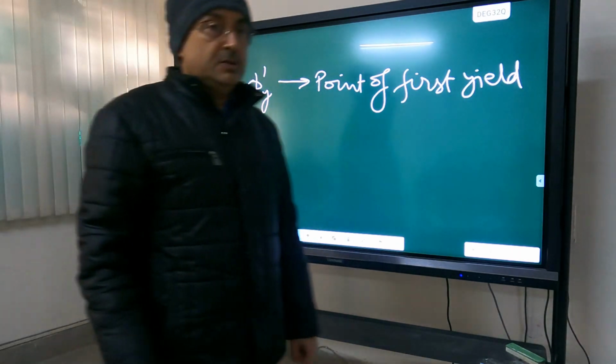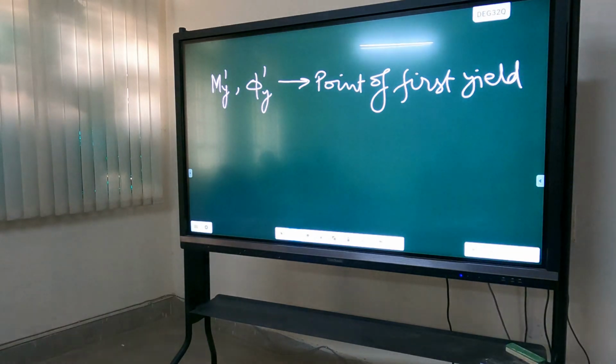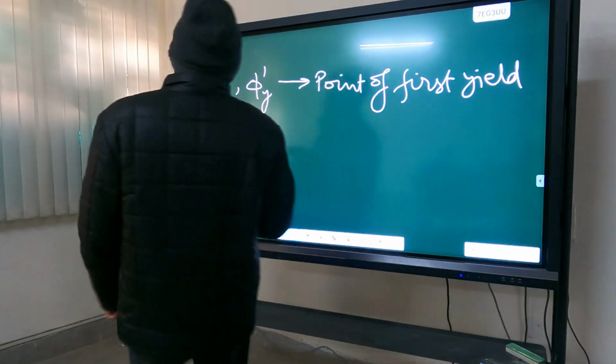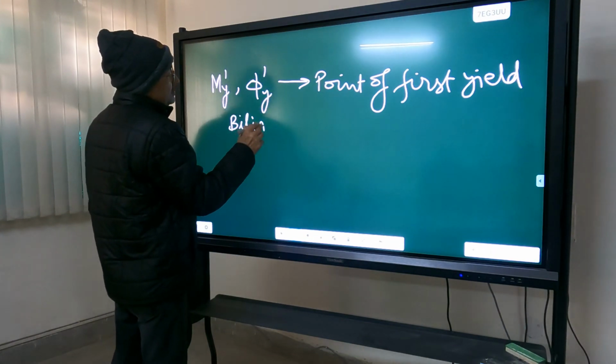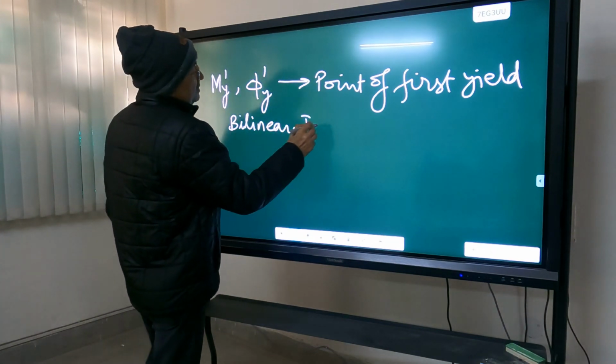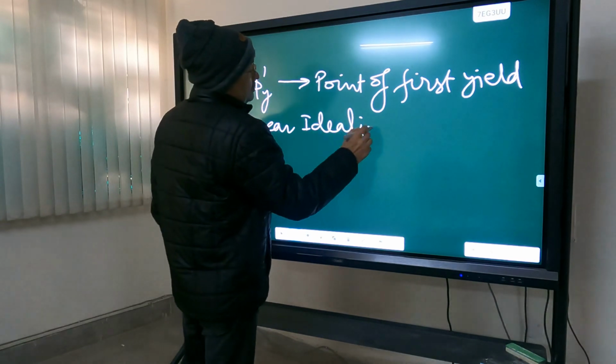It is not the yield moment. Okay, to obtain the yield moment, what do we do? We do bilinearization or bilinear idealization.